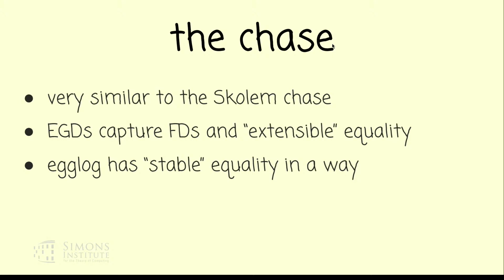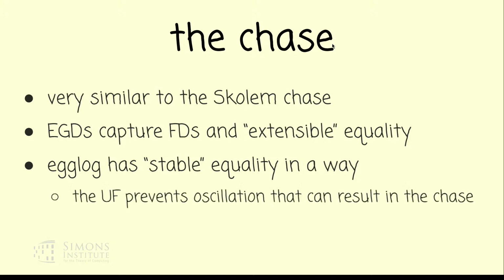Because when you take an EGD, you have to pick one side and transform the database. But having this persistent ambient union-find prevents alternation, right? You can't alternate. You always have to go up in this union-find lattice. So it's an interesting observation.